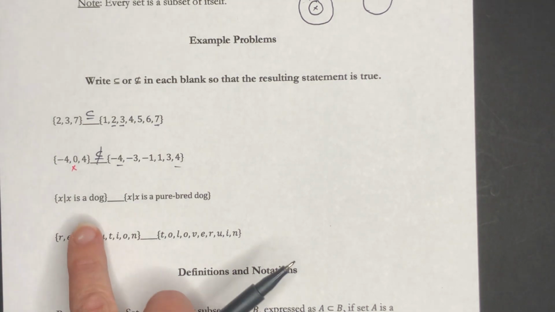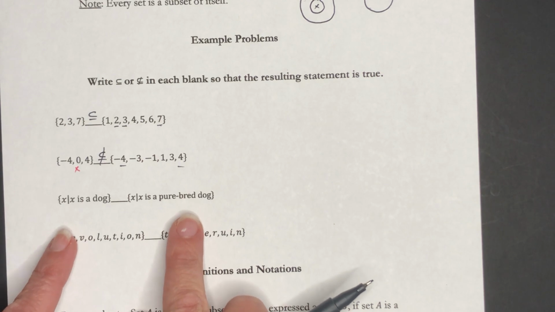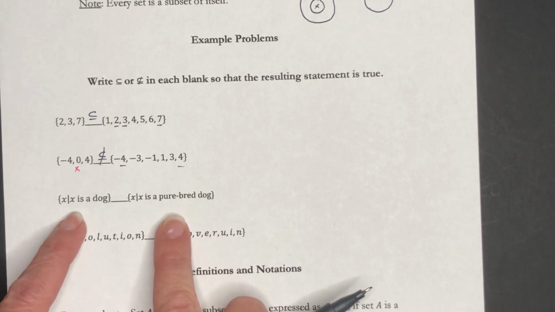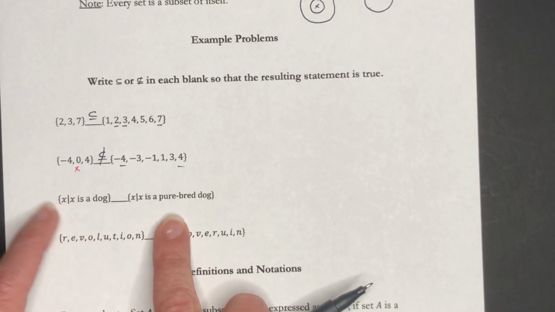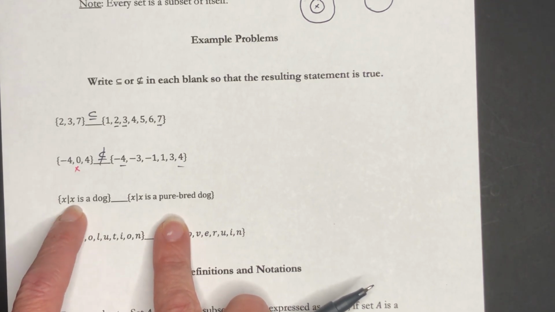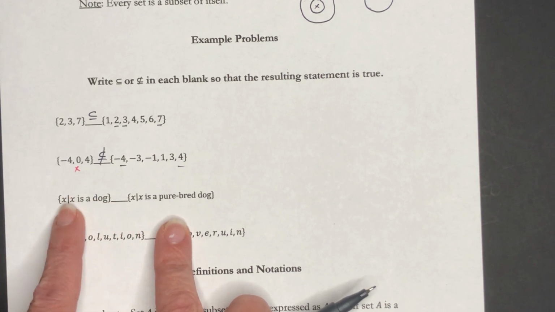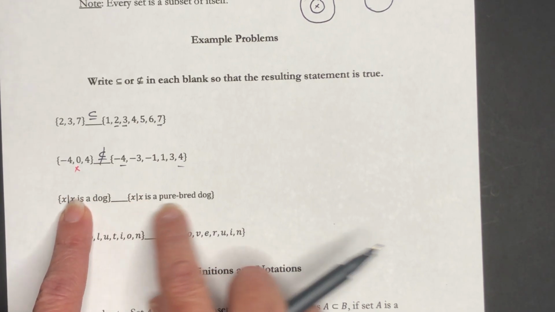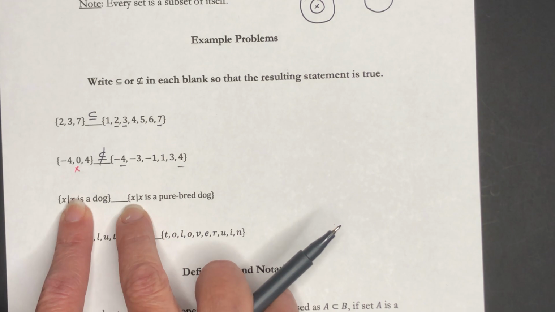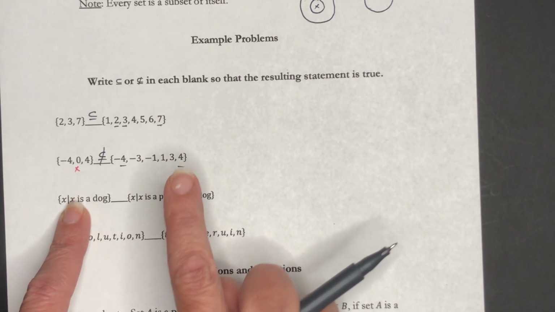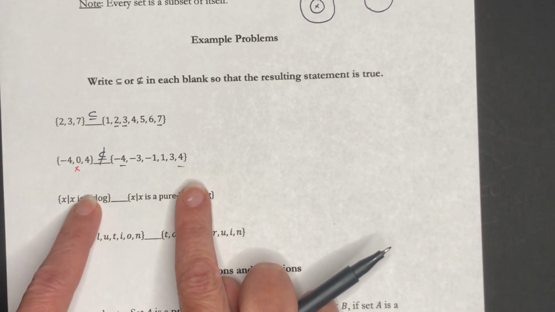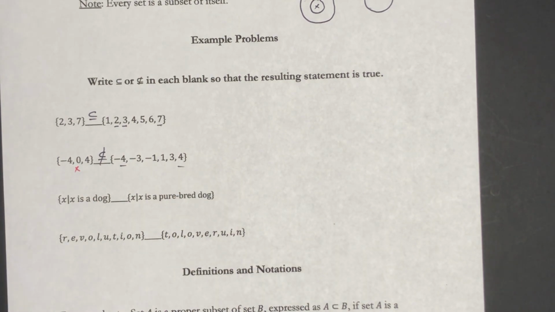Okay. Now here's one that is written in set builder notation, and this one requires that we use our general knowledge. This is the set of all x's where x is a dog. So this is the set of all dogs. And this one, the set of all x such that x is a purebred dog. So here we have all the purebred dogs. Here we have all the dogs. And we need to decide whether they are a subset.